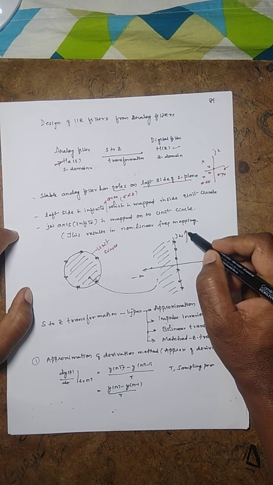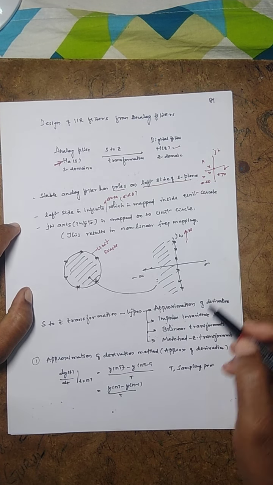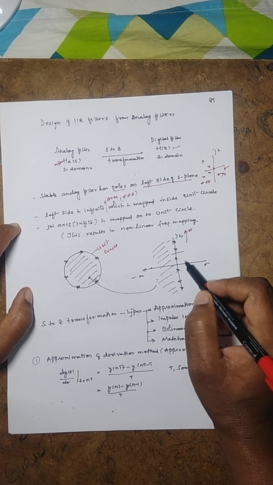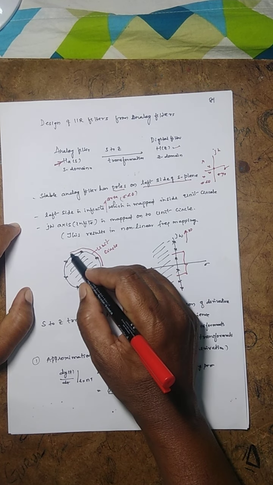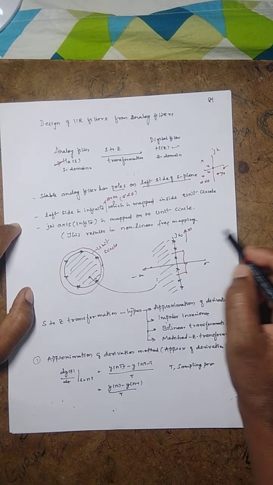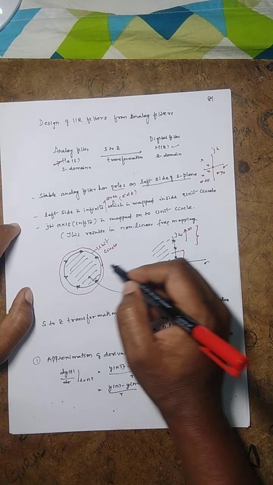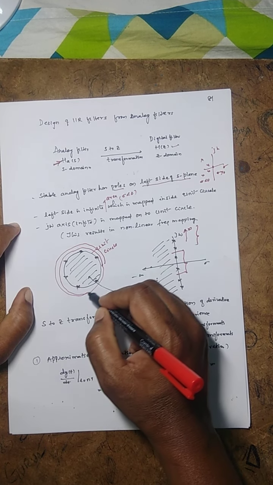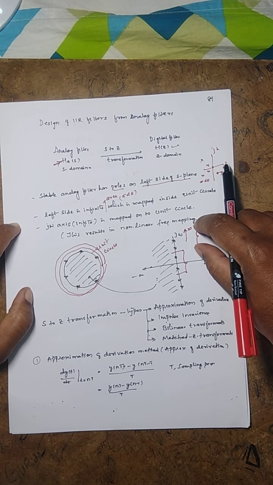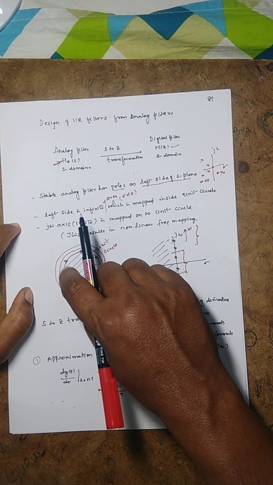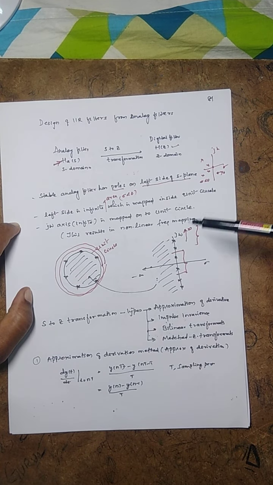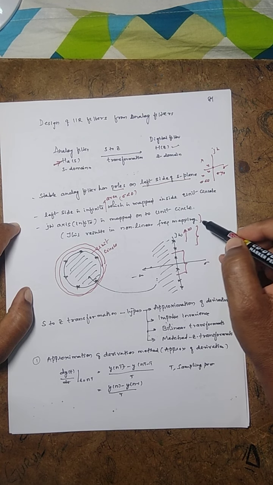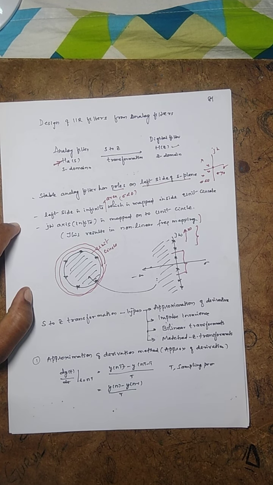The j omega axis goes up to infinity. Only this part is going to be mapped onto this one, then this part is also going to be mapped onto the unit circle. So every patch of this is going to be mapped onto this one. So this is not a one-to-one mapping. This mapping is not linear, and this results in the non-linear frequency mapping.